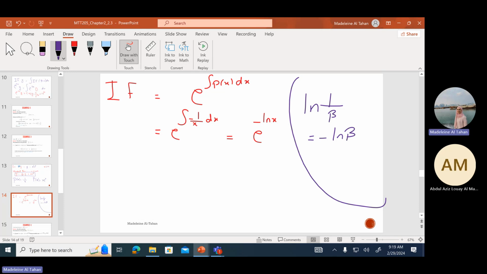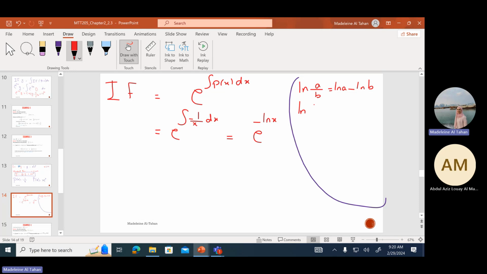Is it the first time that we see this one? Didn't you see this before in calculus? ln A over B equals ln A minus ln B if both of them are positive.